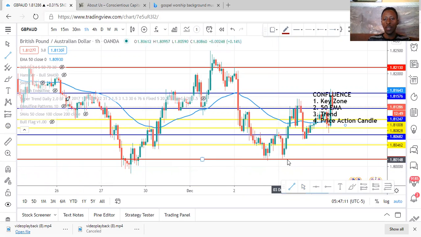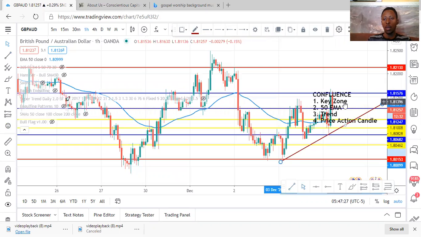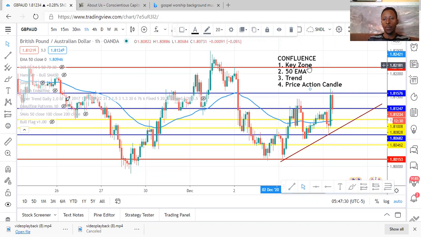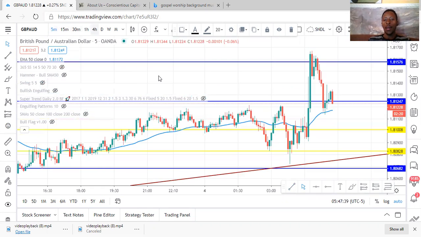I usually take my trend line from the 1-hour time frame. I go week to week. The trend line has given us a clear picture that the market is on an uptrend.